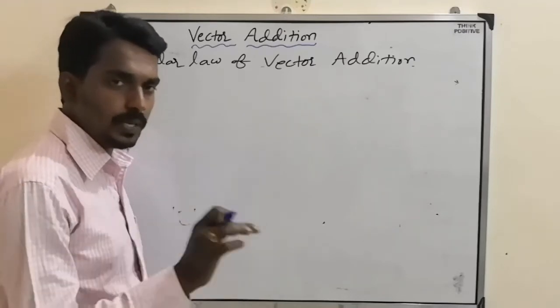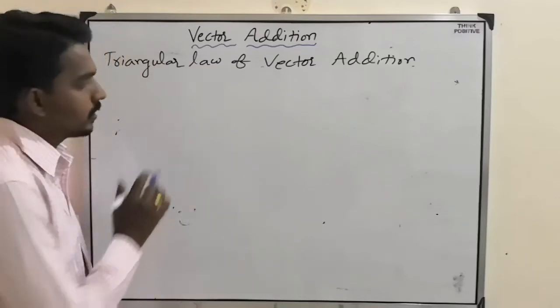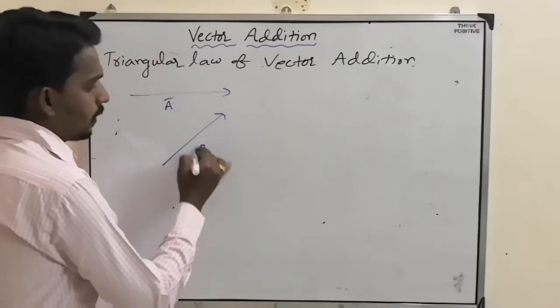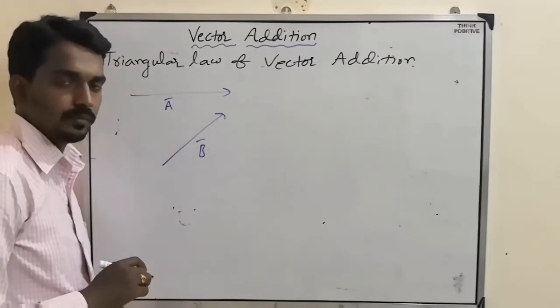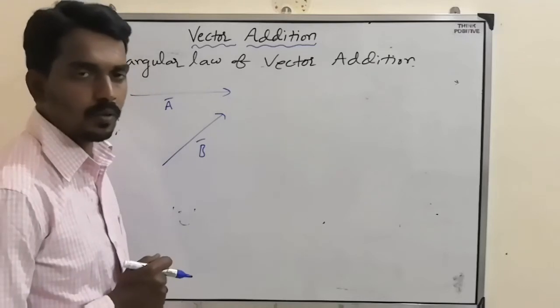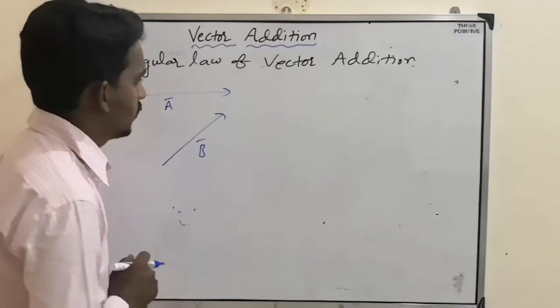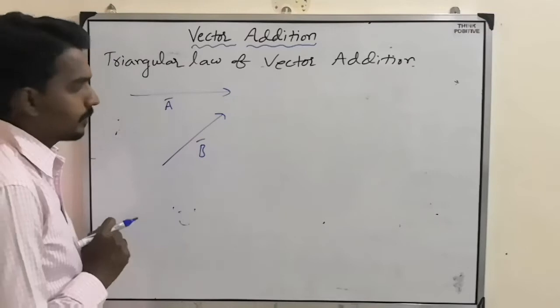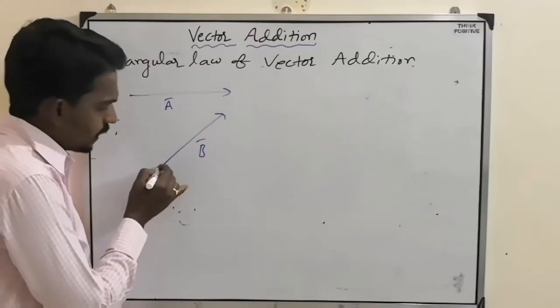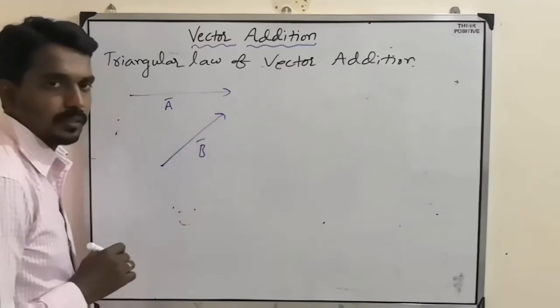Always there must be some angle between them. Suppose this is A bar and this is B bar. So how to find the angle between two vectors? See, this is the initial point, this is the final point.